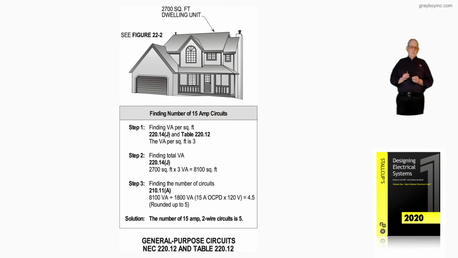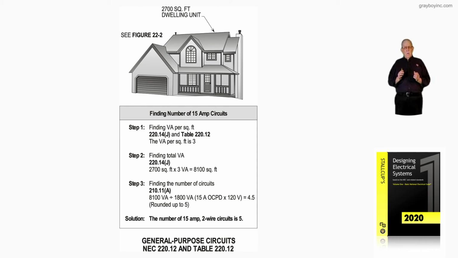Now, notice the number of circuits we would need by code is in step 3, 210.11(A). We would take the 8,100 VA, divide it by 1,800 VA, and we would come up with 4.5. Now, the 1,800 VA came from a 15 amp size overcurrent device times 120 volt.